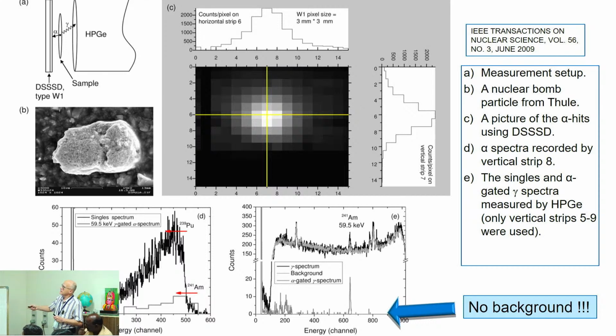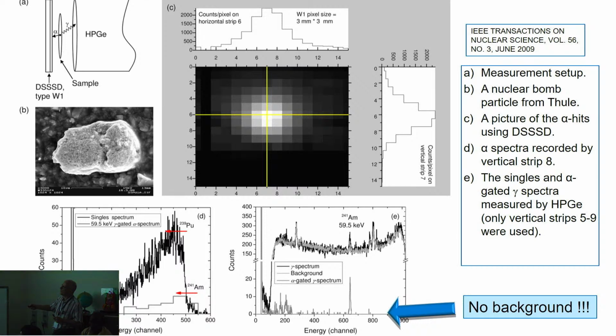You can see this is the alpha detector. You can see the strips here or this way. Each strip can detect an alpha spectrum.